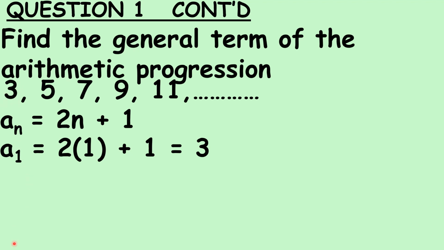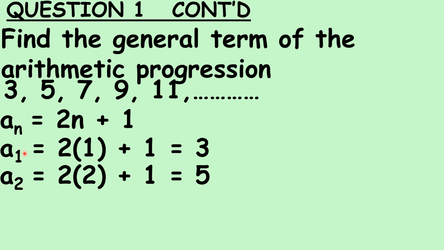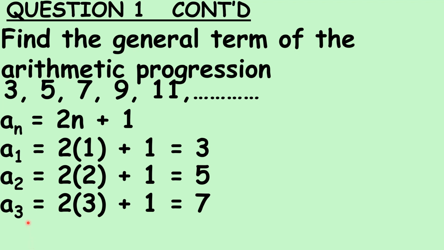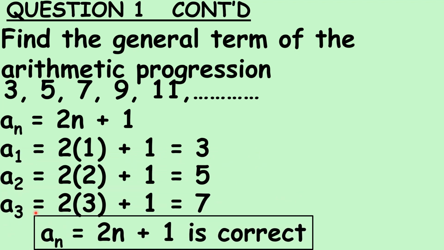Let's try for where n is 2: that's 2 times 2, 4 plus 1, that's 5. So that gives us a2. Let's also try for a3: 2 times 3, 6 plus 1, 7. So this generally satisfies the above even when we continue to the end. It tells us that a_n is equal to 2n plus 1 is correct.